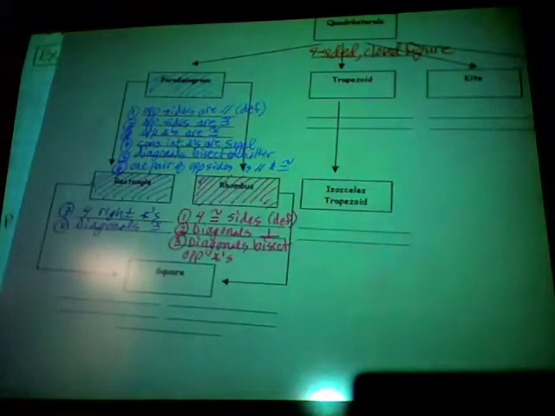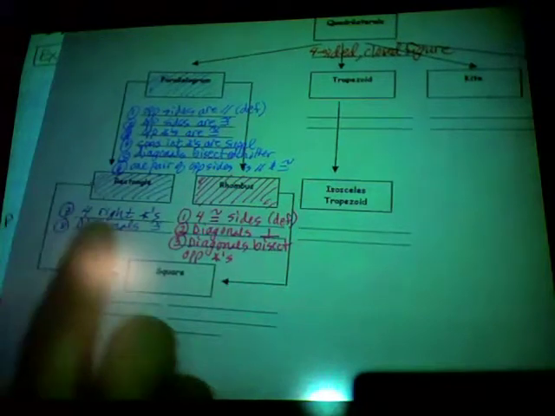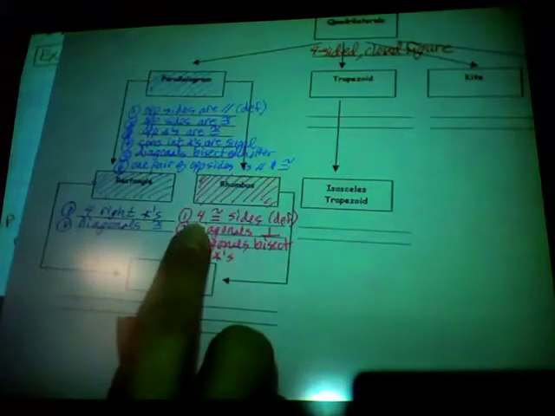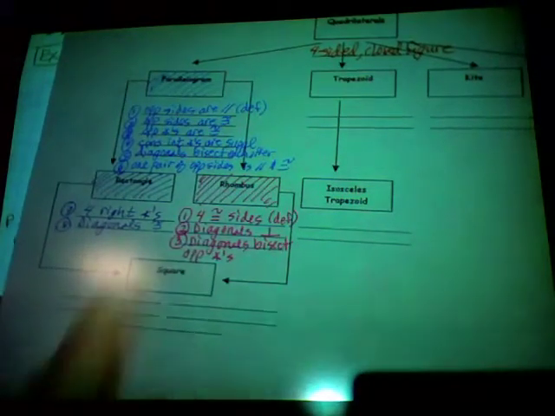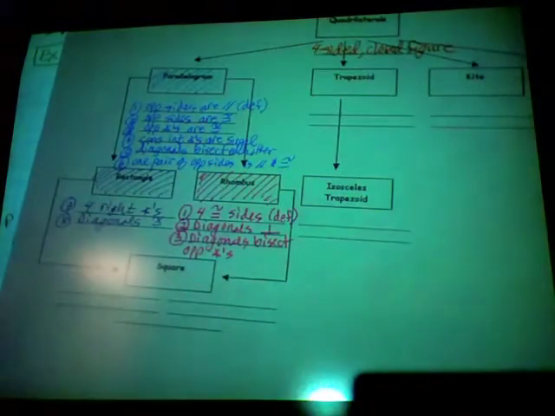The rectangle has, oh, I put 7 and 8 here. I guess I should have put 7, 8, and 9 here. A rectangle actually has 9 characteristics if you include the definition of a quadrilateral. So then we're going to come to a square.